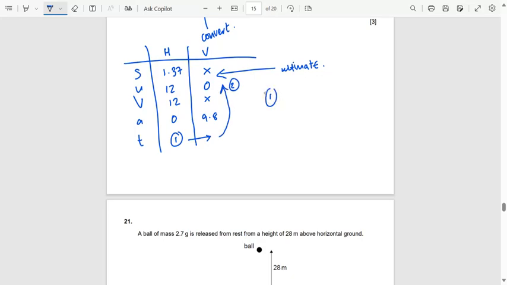So step 1, we need to find the time it takes to get in line with the net. So we're going to go horizontal.